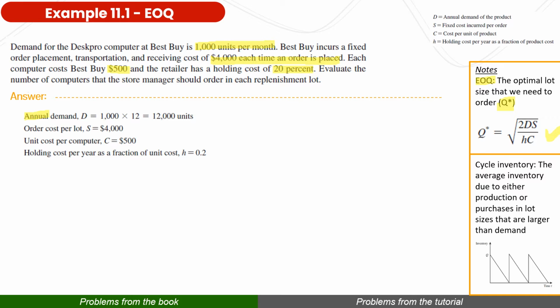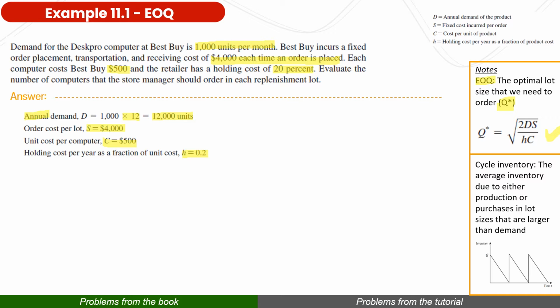So we need to times it by 12. So 1000 times 12, and we get 12,000 units per year for the annual demand, and the order cost is $4,000 or S, and then the unit cost or C is equal to $500, and the holding cost per year as a fraction of unit cost, the little h, is 0.2.